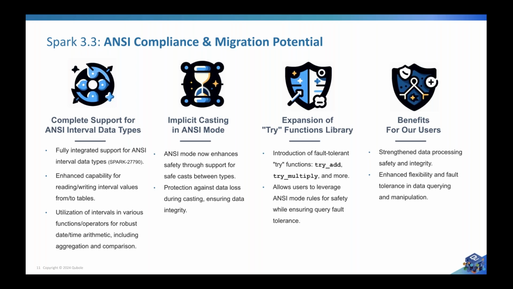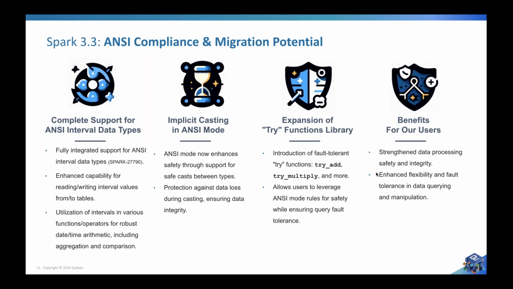The others are basically try functions. Try functions are amazing. It's pretty cool. It lets you write things which can go wrong, but at the same time, there are safety rules built in that make sure the query doesn't fail outright, and it becomes more fault tolerant.